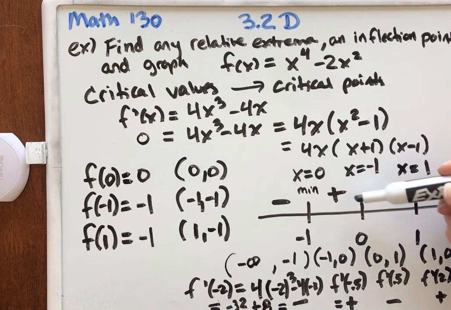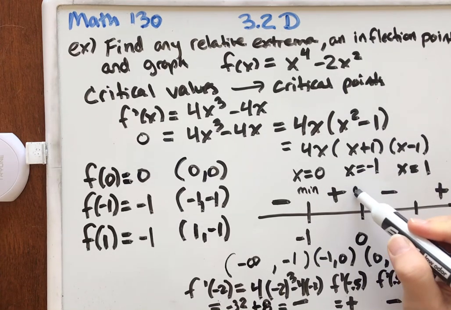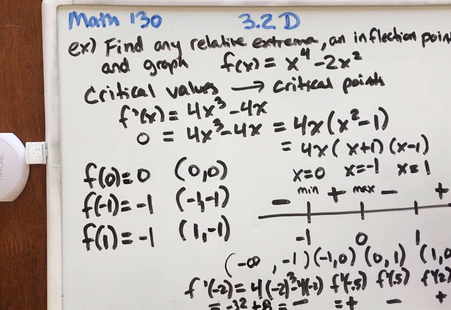Okay. Now for this one, we have a positive to a negative. This is going to be a max. And on this one, we have a negative to a positive. So this is going to be a min.